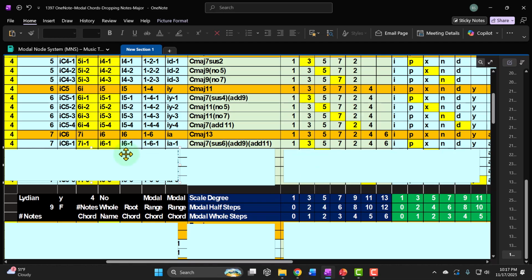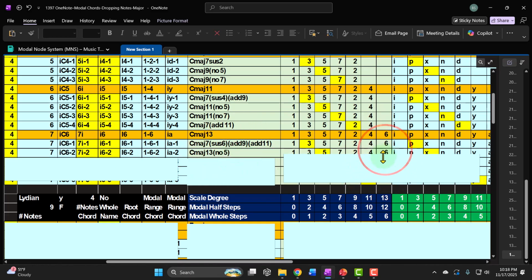Now when you do that, that means that the one that's going to be 6 modal whole steps up is an octave higher. You could drop the octave down if you wanted to by calling it an I6 to the superscript or power of negative or -1, and then put the -1 here, which would be 1, 2, 3, 4, 5 characters instead of this mess, right? So then if I did the next one, we drop the 5.